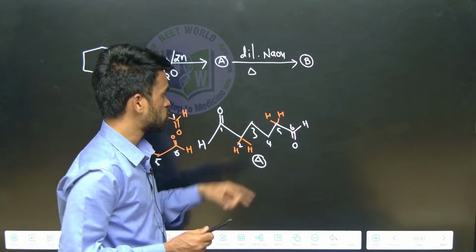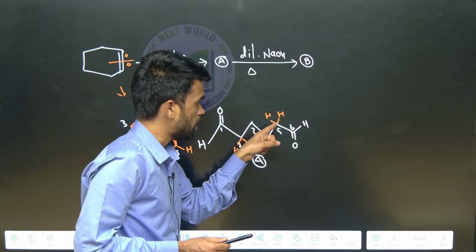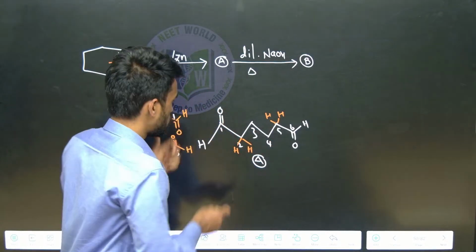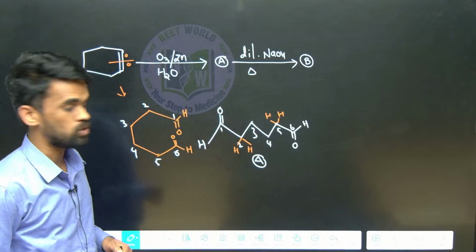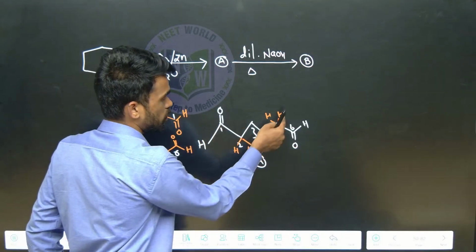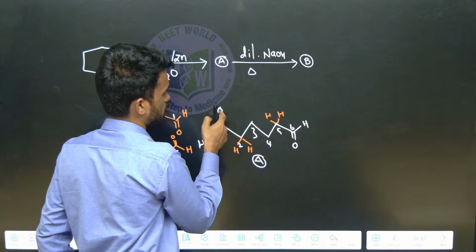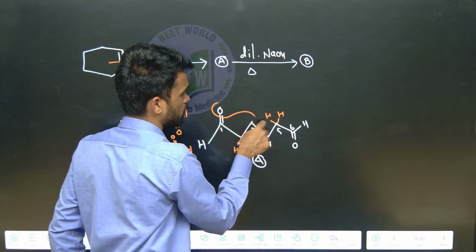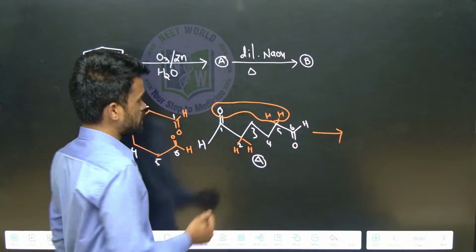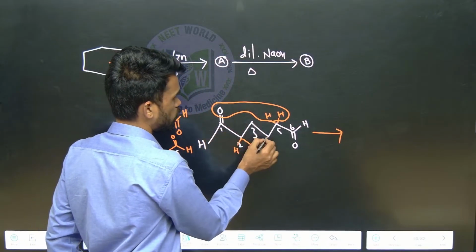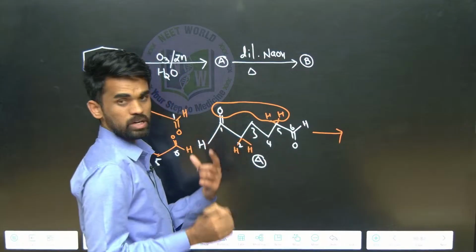So you can remove these hydrogens and this group, 1, 2, 3, 4, 5. So we are going to get a 5-membered ring now, because I use this alpha hydrogen and this oxygen I am eliminating as water. So it gives you an aldol product, a 5-membered ring.